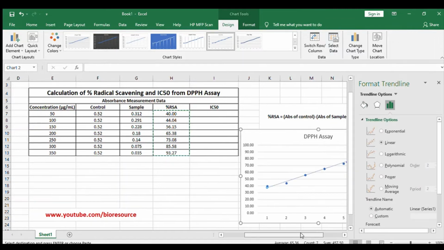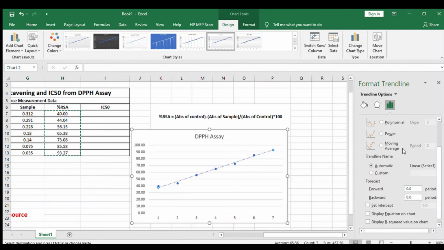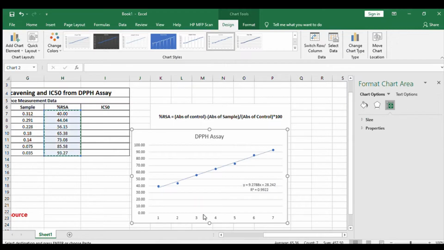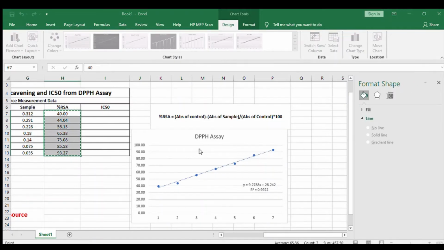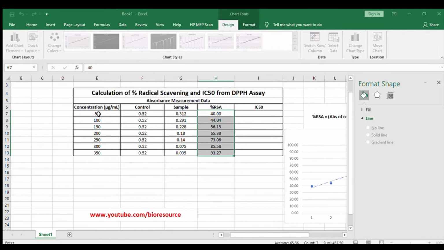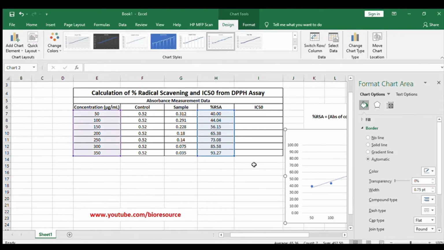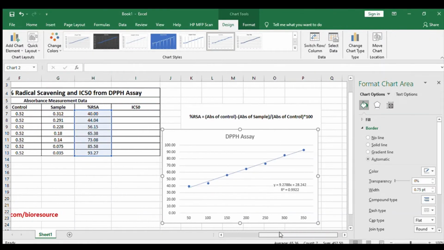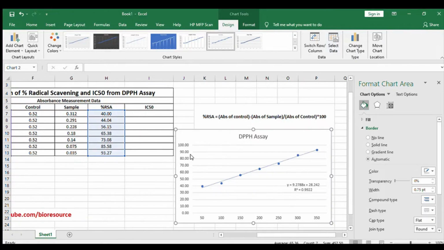So now we have the linear trend line, and we can display the equation and R-square value of the trend line. Now in the x-axis, I will select the data. Instead of 1 to 3, we can select the range for the data, which is the concentration from 50 to 350. Now we have the concentration on the x-axis and the percentage RSA on the y-axis.